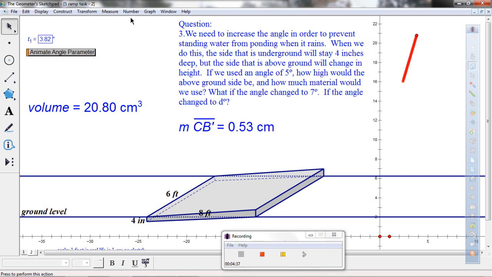as I animate the angle parameter. So while this may be a limitation for some students if we're trying to discuss the trigonometric ratios and how the angles relate, this would also serve to be a good talking point in somewhere like a calculus class where you can discuss local linearization, where if you're really zoomed in on this particular function, it actually looks linear and we can approximate and interpolate using a line.